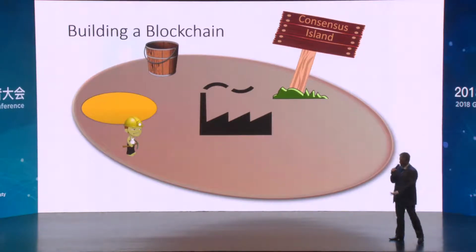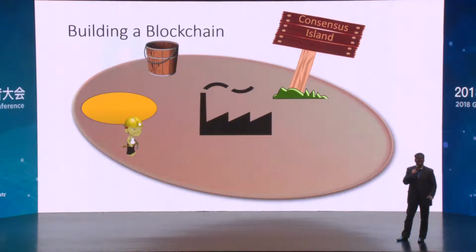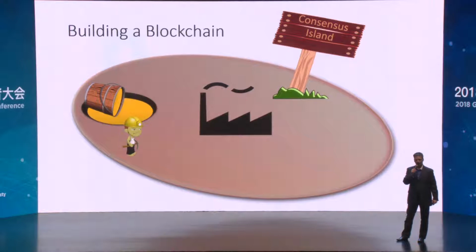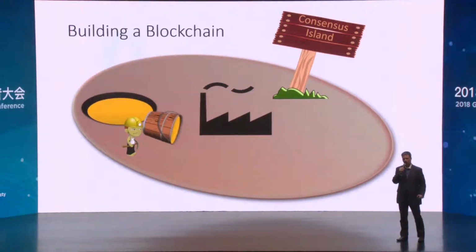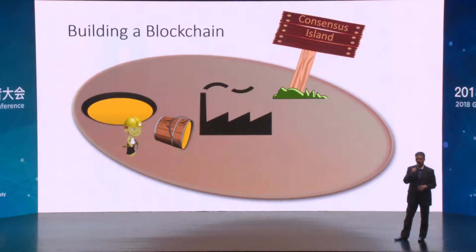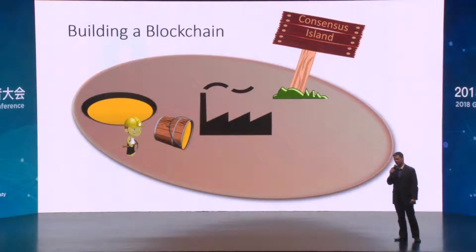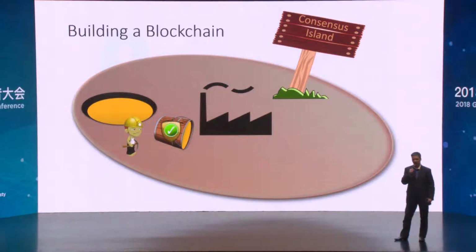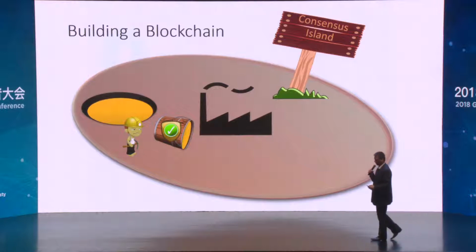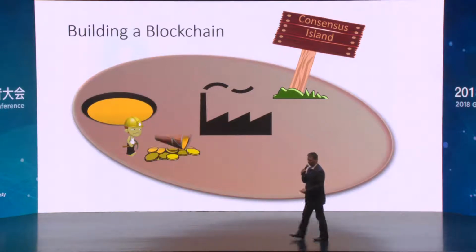Well, the first to show up is going to be the block producer, right? He's going to take that bucket, dip it into the reserve pool and pull it out, because he's interested in making sure that he can reward himself with new tokens from the reserve pool. The only way we do this on Consensus Island is with validation. If everybody on Consensus Island agrees that he has the authority as the block producer to take those tokens and give them to himself, we'll do that.